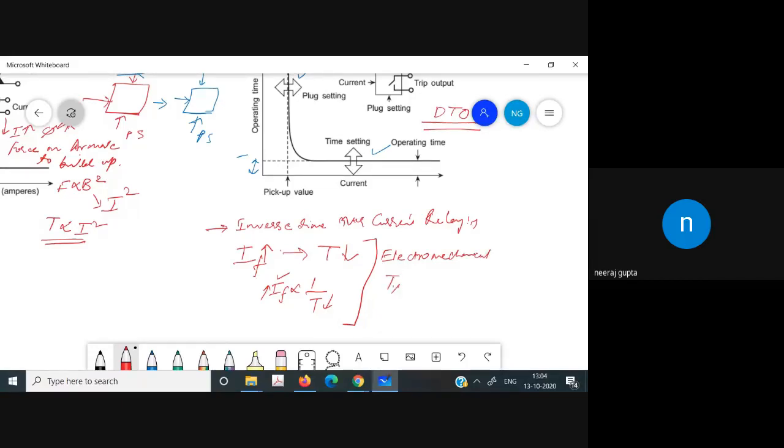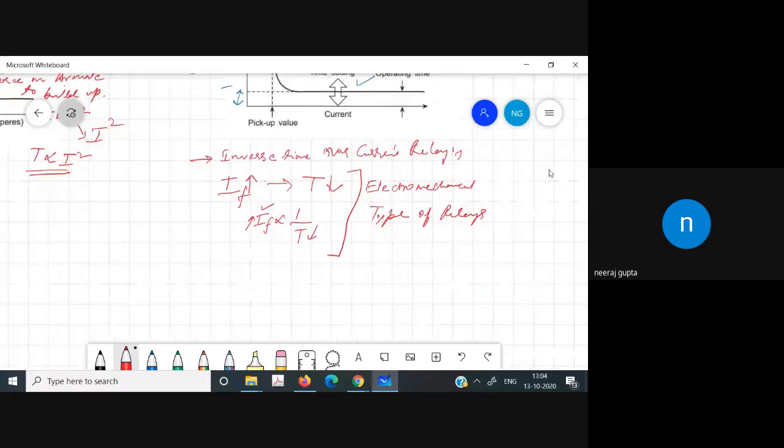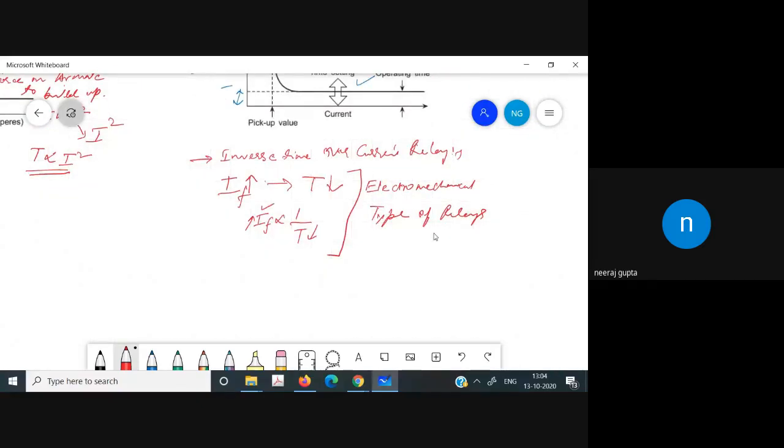It is generally found in the electromechanical type of relays, which are widely used for many applications. However, now we have microprocessor based relays.